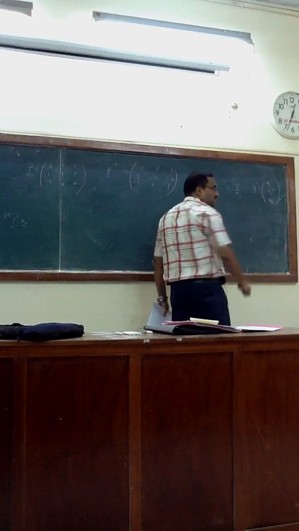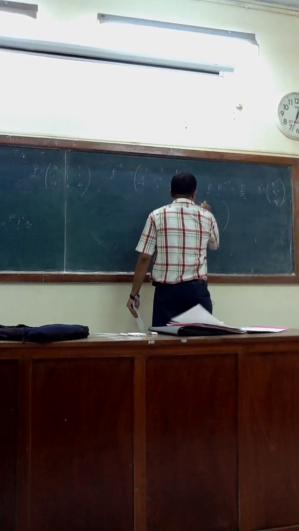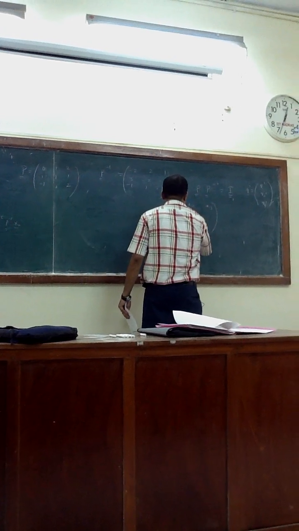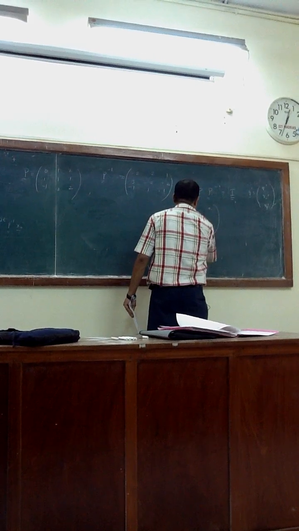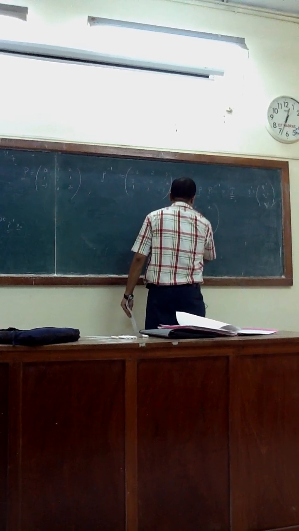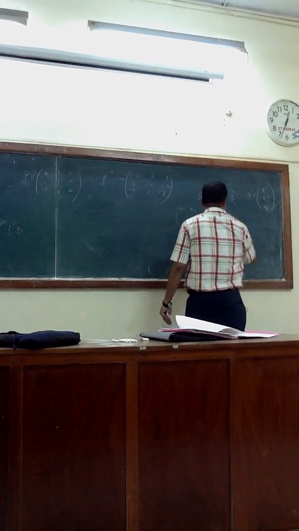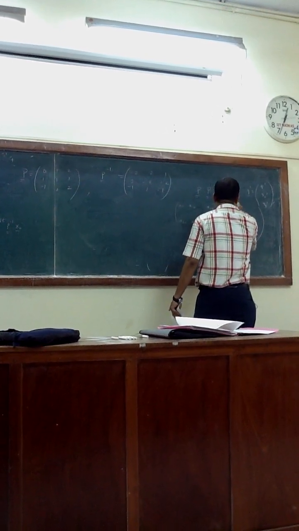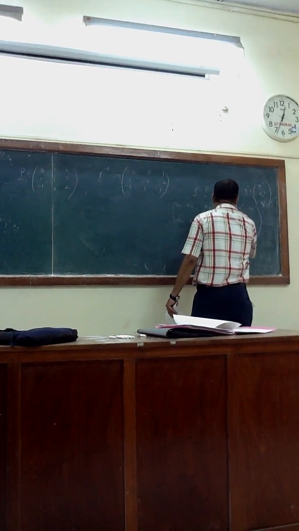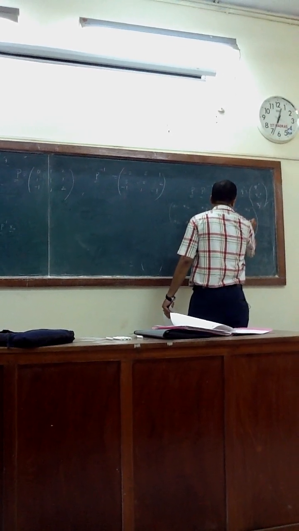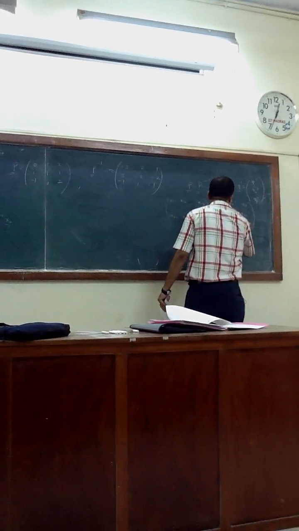P is a matrix, right? So the P matrix could be A11, A12, A13, A21, A22, A23, A31, A32, A33, into A11 prime, A12 prime, A13 prime, A21 prime, A22 prime, A23 prime, A31 prime, A32 prime, A33 prime.